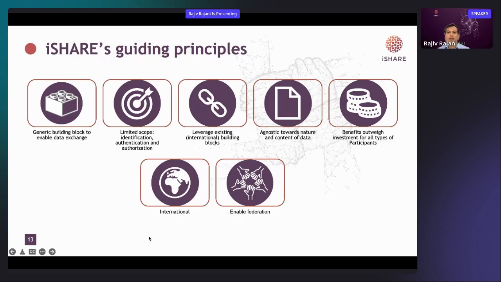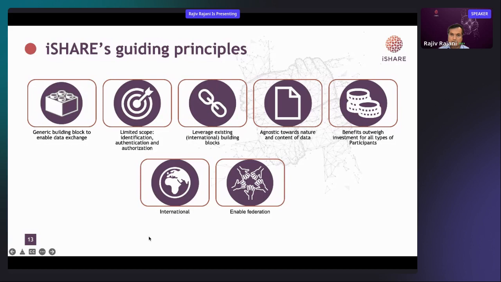Using these as existing building blocks, we leverage those. But of course, we find that these standards by themselves are not sufficient in terms of B2B or G2B or government-to-government data exchange. So we have some adaptations made to those standards when you are implementing them under iShare. But we'll see that more later.